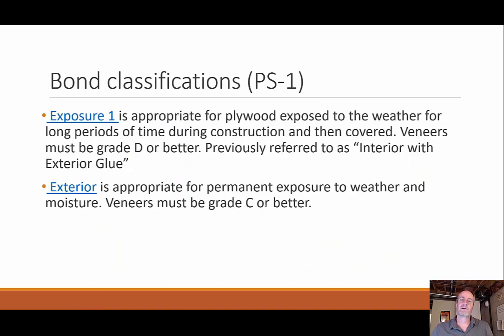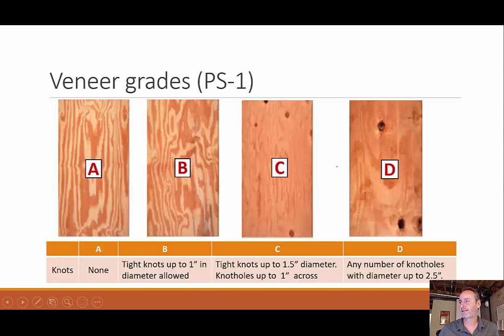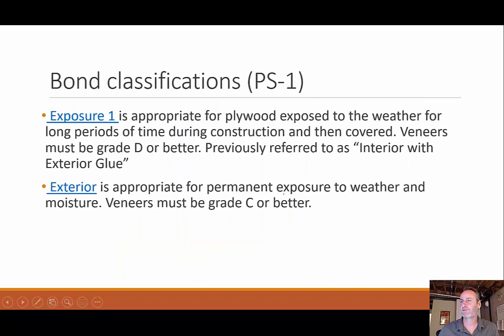As far as the bonding part of the classification system, we could have exposure 1, which is basically like during the construction process, it might be exposed to some weather, but then it'll be covered up. It's not going to be exterior for too long, right? Veneers have to be this grade D or better. We talked about D, so D is really this lower level stuff.